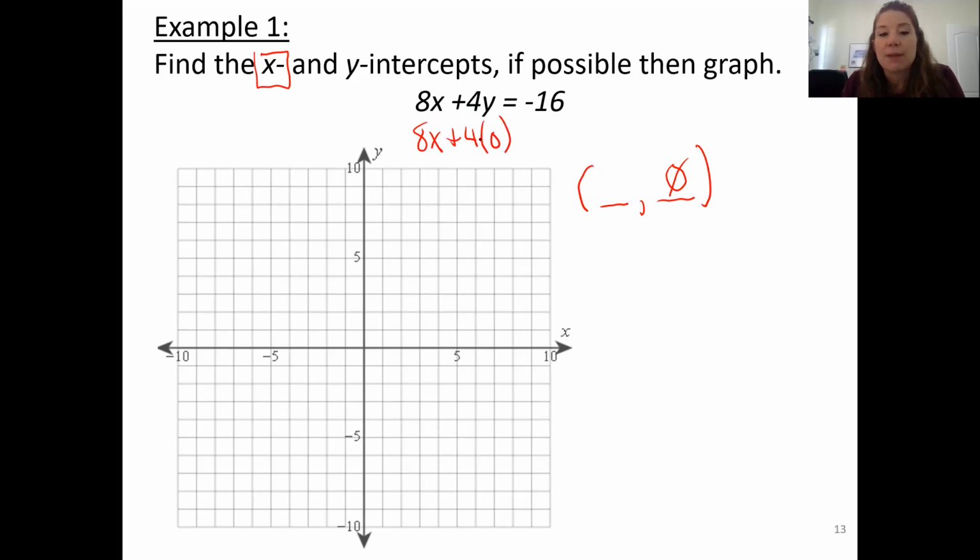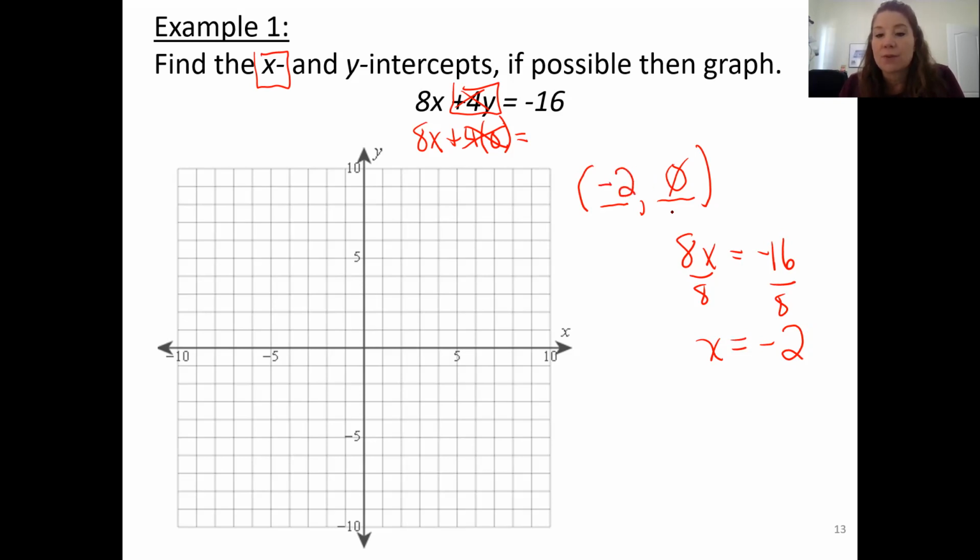Well, anytime we multiply by 0, we get 0, right? So that little middle section right here is just going to basically disappear. And we end up with 8x is equal to negative 16. So to solve for x, we're going to divide both sides by 8, and x is equal to negative 2. x is equal to negative 2 when y is equal to 0.